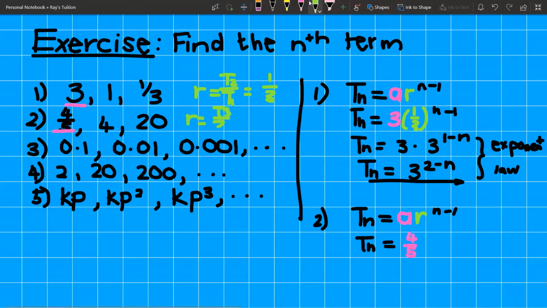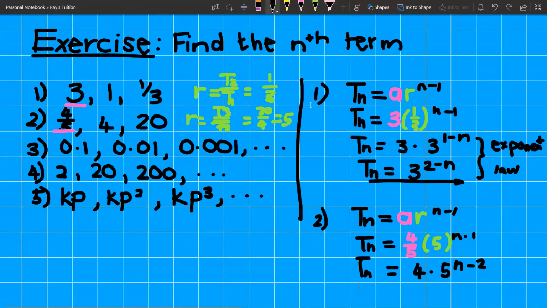I'm going to say T3 divided by T2, so it's 20 divided by 4, which is 5. So our common ratio is 5, and that is to the power of n minus 1. We could simplify this further because of that 5 and that 5, so we can say that this is 4 times 5 to the power of n minus 2, using our exponent laws to include that 5 in the denominator.